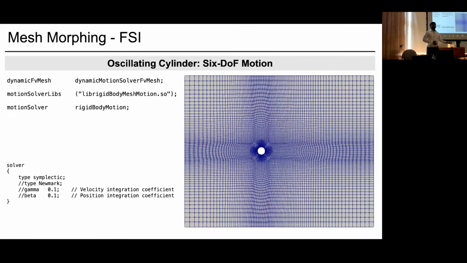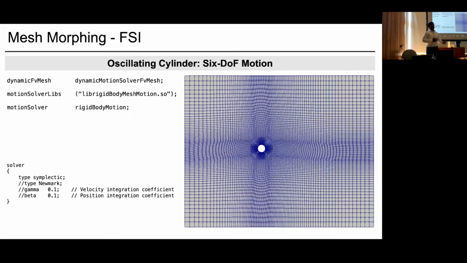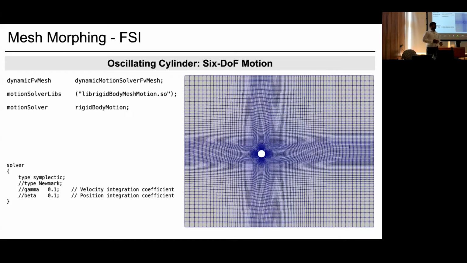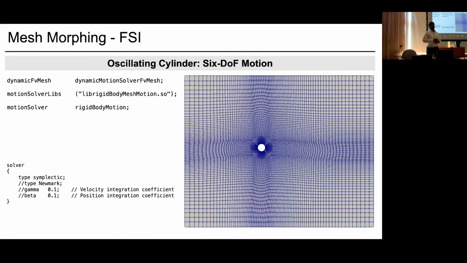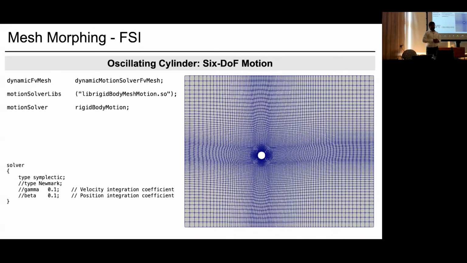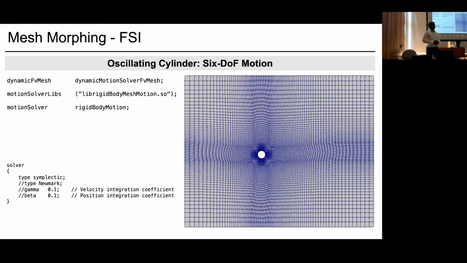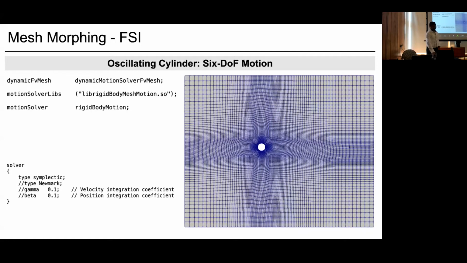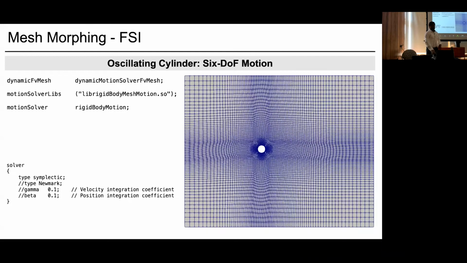It is a weak coupling method of FSI, which means there is no inner loop for checking the convergence of the structural solver, and every time step your fluid and structural equations are solved in a staggered manner. This is just to show you that mesh morphing problems can also easily handle this kind of FSI problem. If time permits, I will go to the case setup and show you how to set up the case.